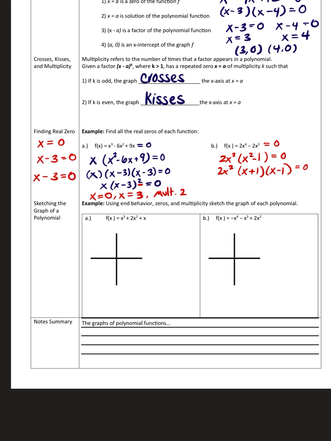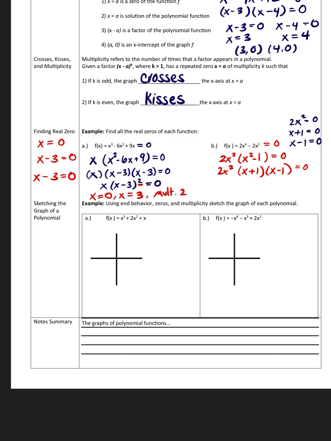And so again, if I were to pull these factors and set them equal to 0, so 2x squared equals 0, x plus 1 equals 0, x minus 1 equals 0. Well, there's a couple of things that would stand out to me. First, I would look at my k value.